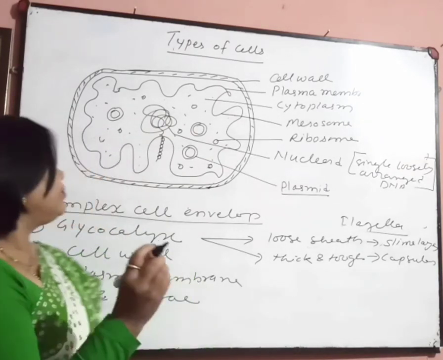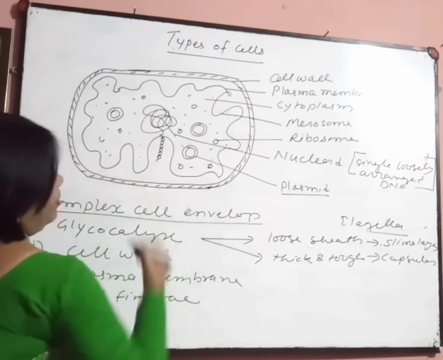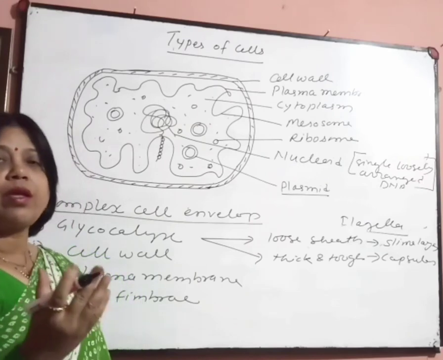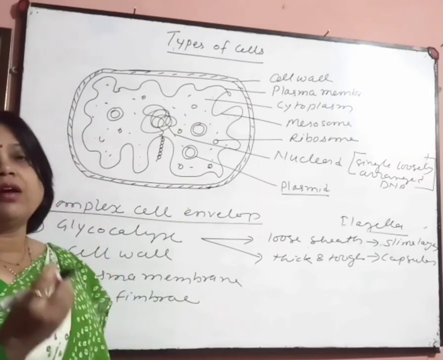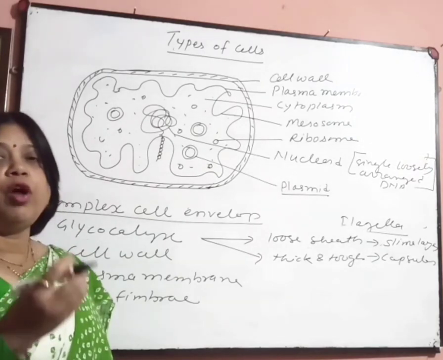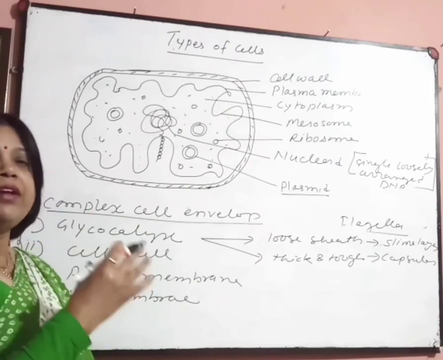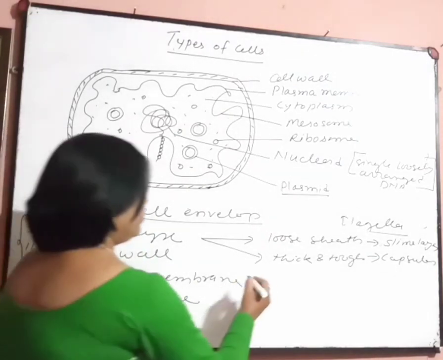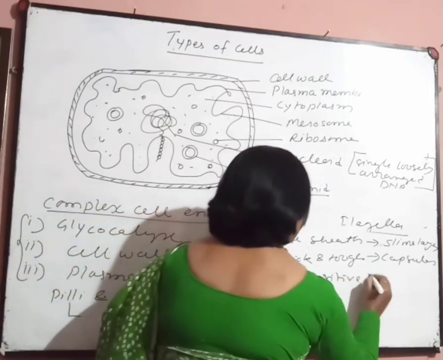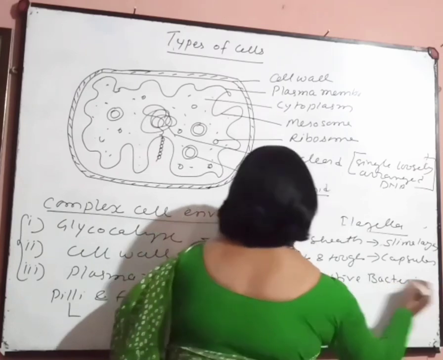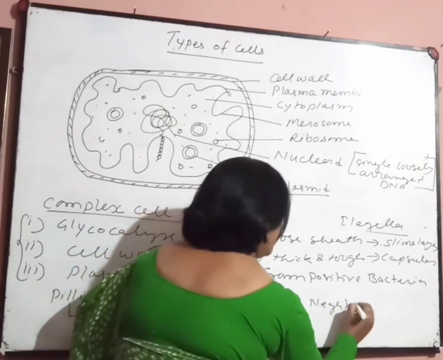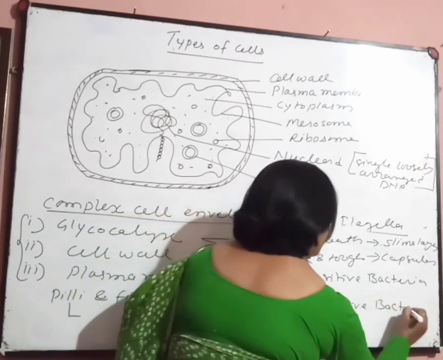The bacterial cell envelope is of two types. One can take up the gram stain. So according to this, which can take up or which cannot take up, the bacteria are of two types: gram positive bacteria and gram negative bacteria.